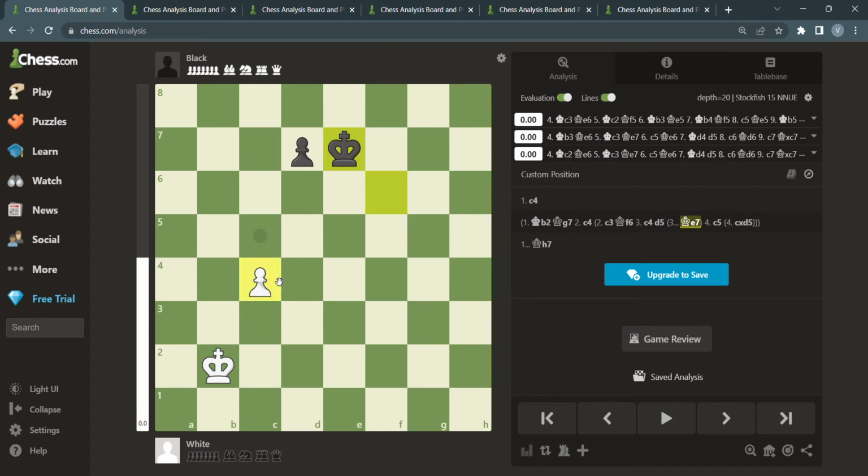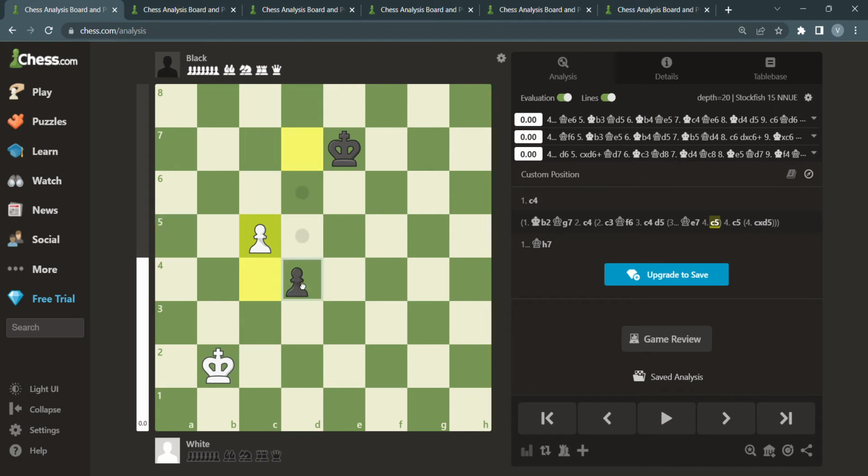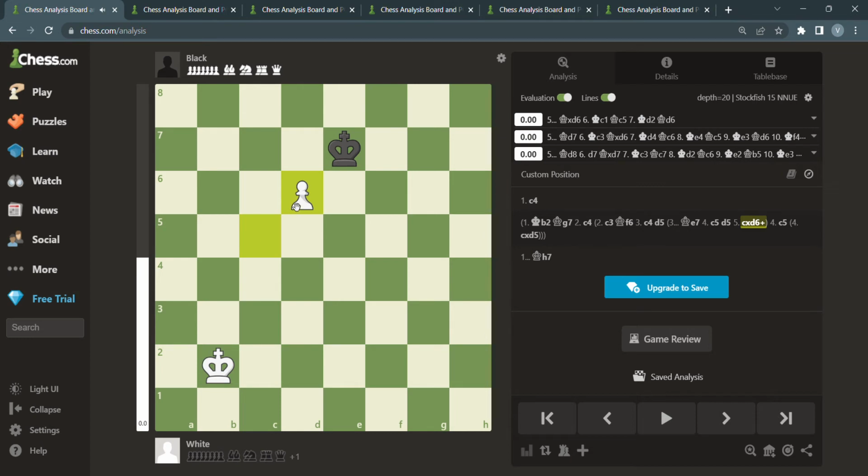If a pawn gets to the 5th rank as white, or the 4th rank as black, and your opponent moves the pawn on the next file to the pawn which you just pushed 2 squares, you can actually take the pawn diagonally, as if the pawn had only moved 1 square.